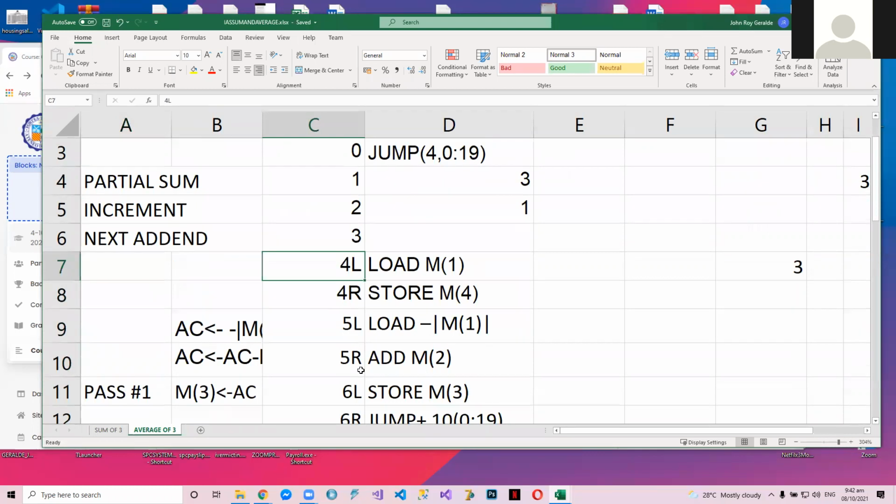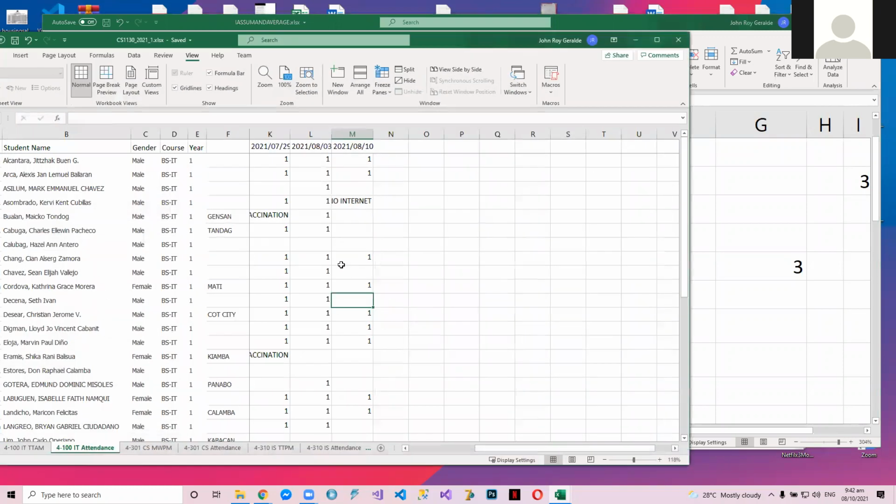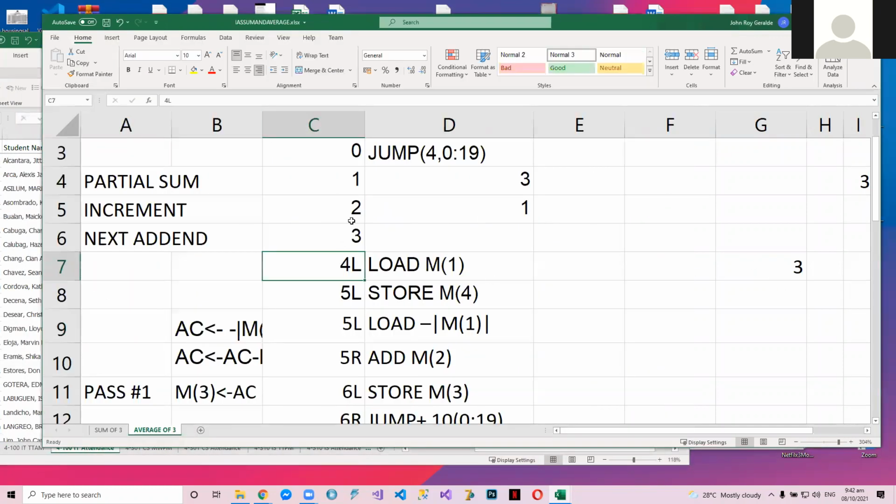This is now because M4 will be stored. Mali, no? This is wrong, no? I might have to upload it again. M4. So this is 5L. I'm sorry, though. This will be 5L. Okay, because this will be 4. This is 4. Okay. This will be our final divisor.